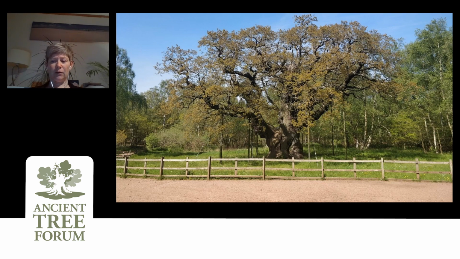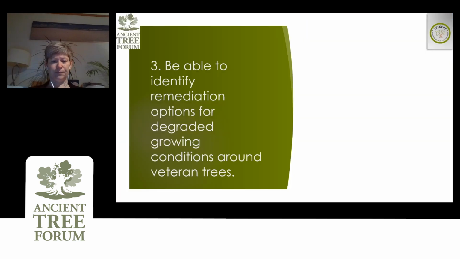And reducing that damage is avoiding anything that disrupts the normal functioning of the soil, including the natural processes. So, our job as a veteran tree manager, that we want you to be able to identify in the standard, is to ensure that the growing conditions are optimal for that veteran tree.